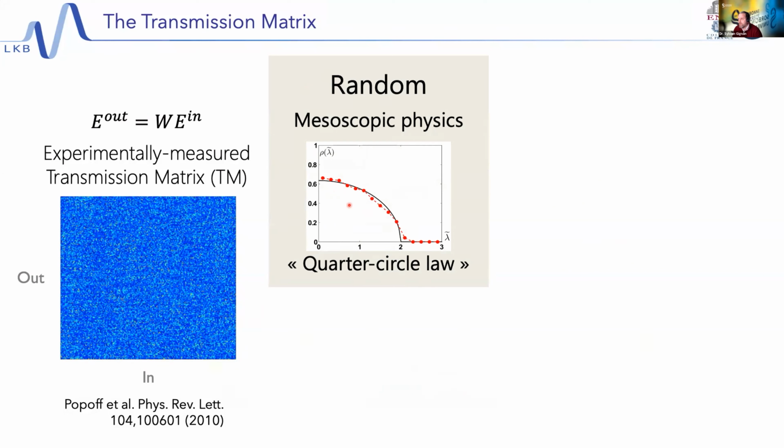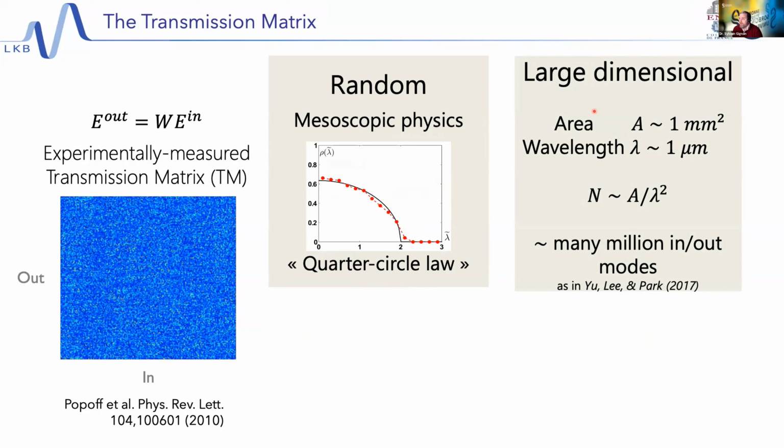You can show that, for instance, by looking at the distribution of its singular values. The other point is it's huge. The number of input and output modes is limited by the area divided by lambda square of this scattering medium, so it can be in the several millions in and output. It's typically limited by the number of pixels of your modulators and detectors.